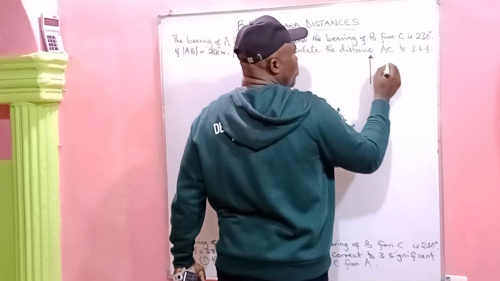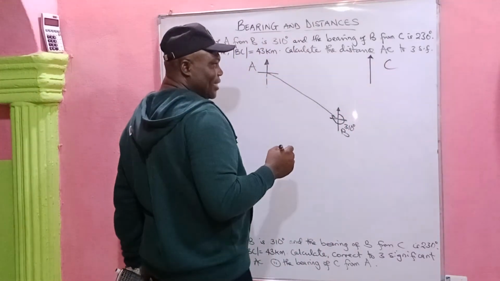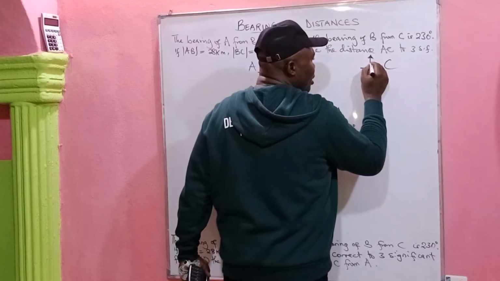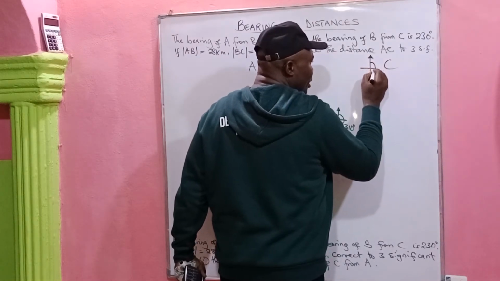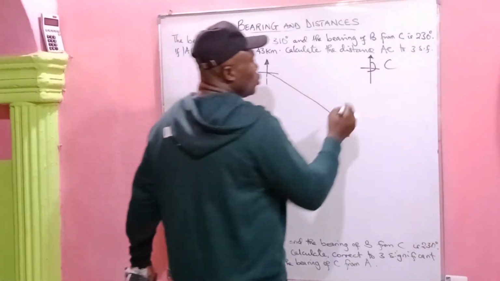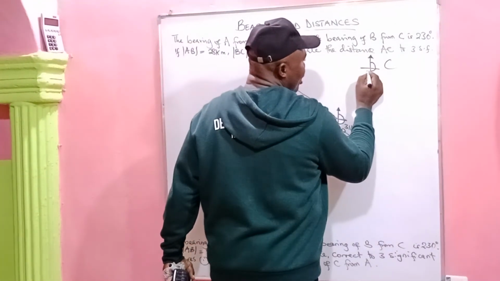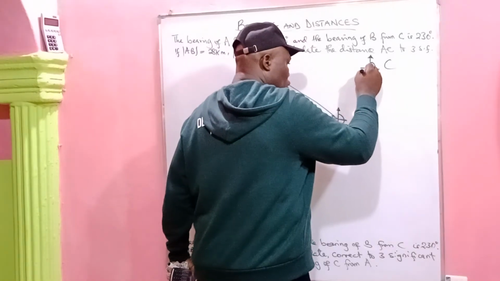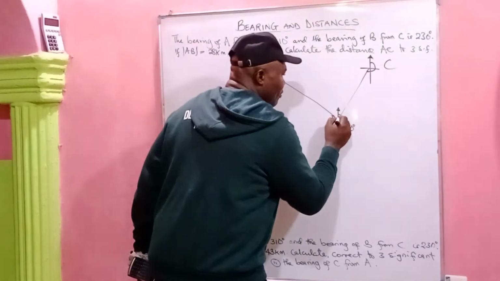We want to move 230 degrees: 180, then 230 is somewhere here. So we take a line from there straight.